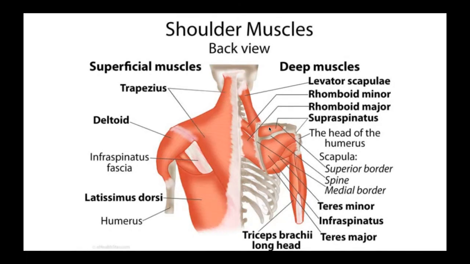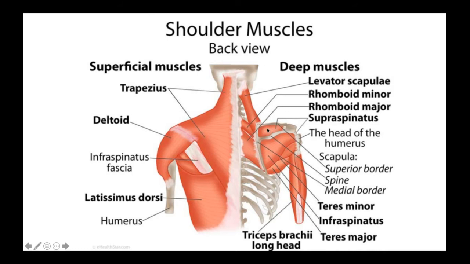So the rotator cuff muscles do this in order: SITS, AB, EX, EX, IN. The EX is for external rotation. The IN is for internal rotation. So you have AB, EX, EX, IN. Abduction, external rotation, internal rotation. SITS, supraspinatus, infraspinatus, teres minor, and subscapularis. Those are their actions.